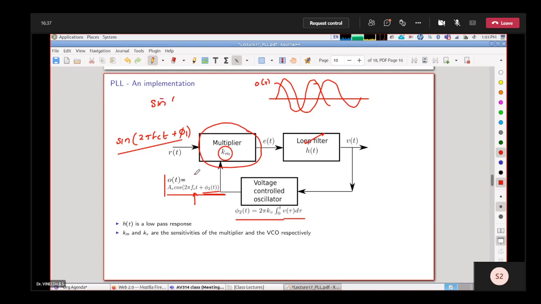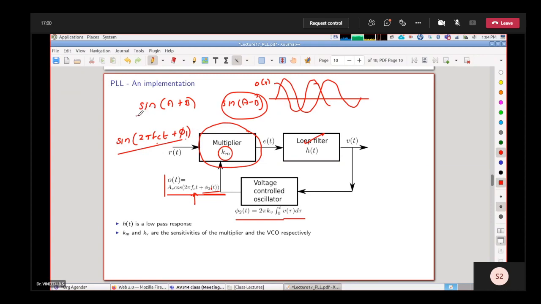When you multiply sine A into cos B, you get an A plus B and an A minus B term. What is interesting is that if this fc matches the free running frequency, then the A minus B term will only contain phi1 minus phi2.